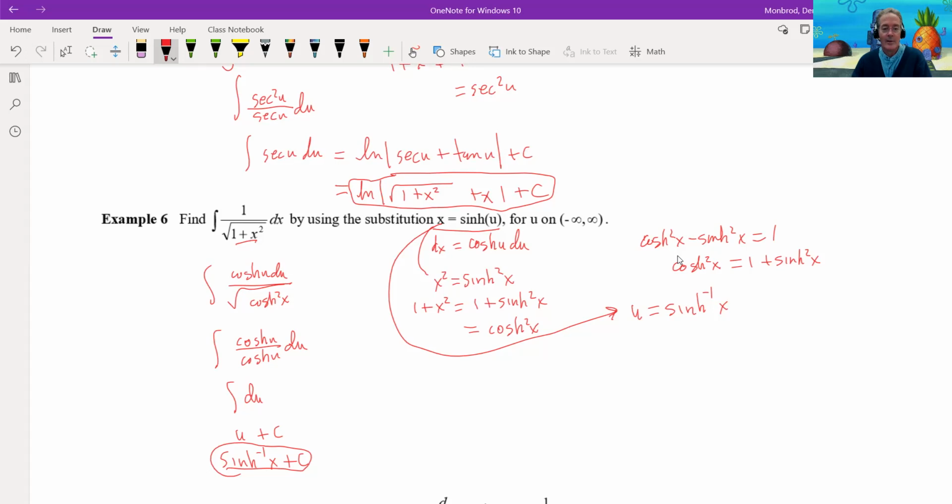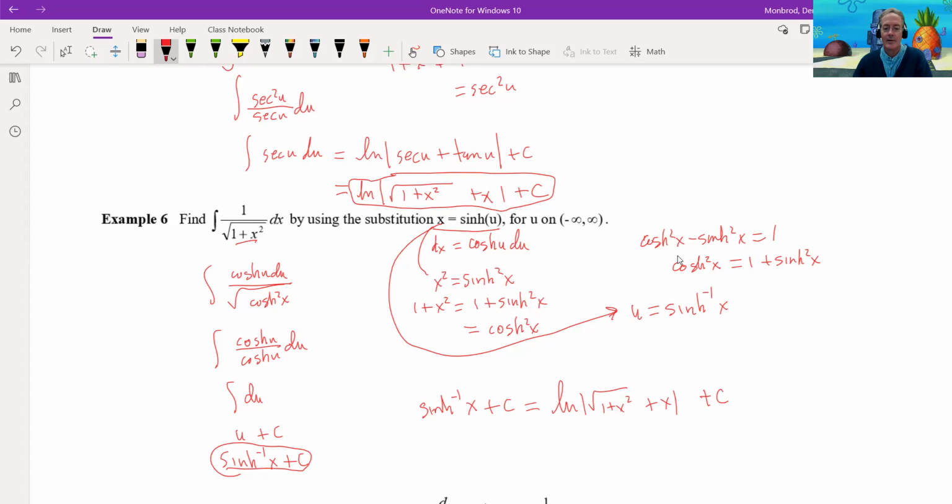So this says basically that the inverse hyperbolic sine, plus that constant, is going to be equal to what we have here, the natural log of x plus the square root of x squared plus 1, plus a constant.